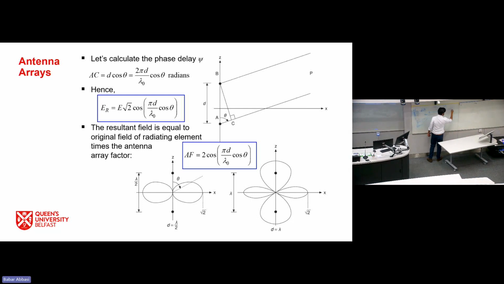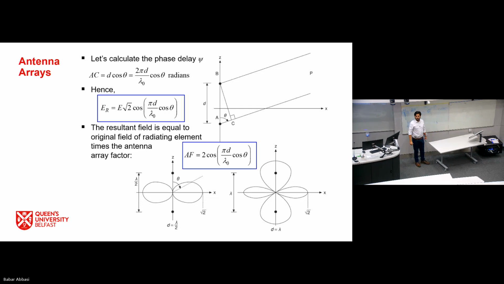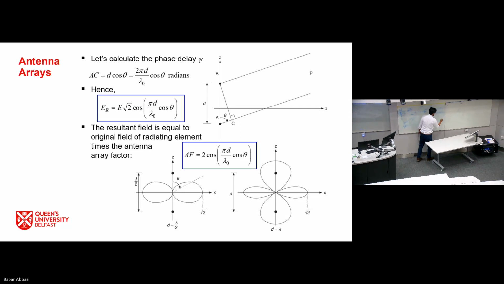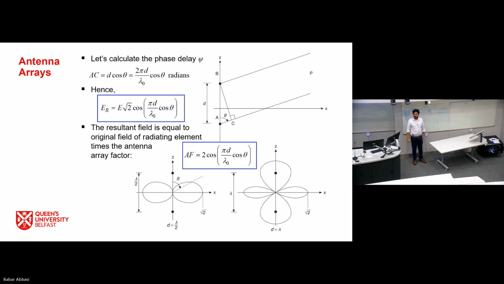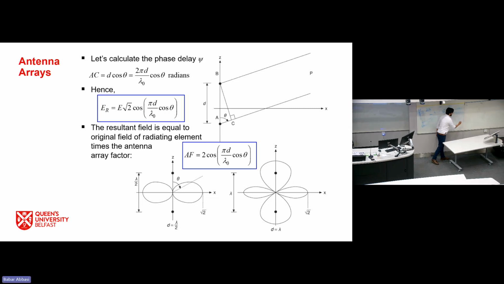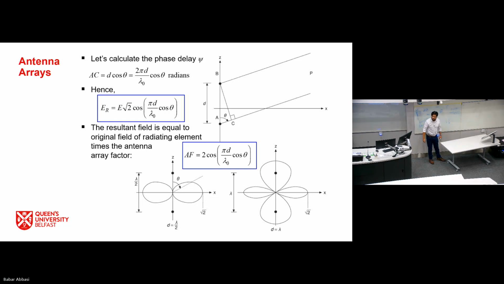Have you ever seen this before? Yeah. So a cosine function's resultant is the angle of another cosine function.